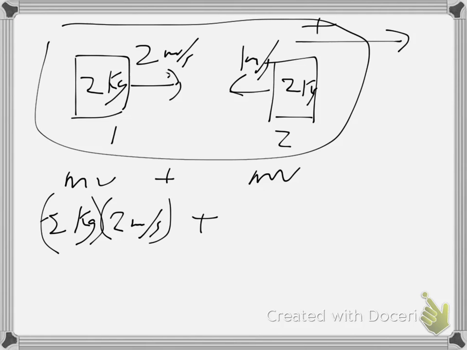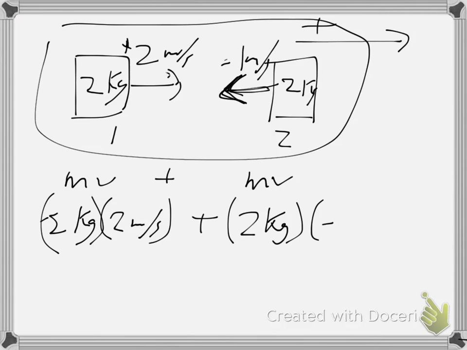That means this will be a positive 2 meters per second, and this will be a negative 1 meter per second because it is moving to the left. So when I add this momentum up, again my mass would be 2 kilograms, but my velocity now is going to be negative 1 meter per second. So 2 times 2 over here is 4 kilogram meters per second.